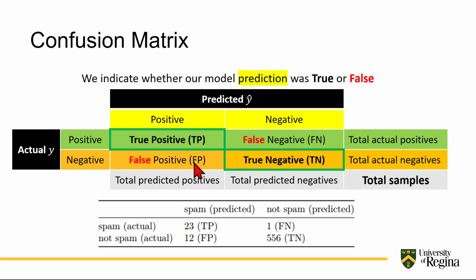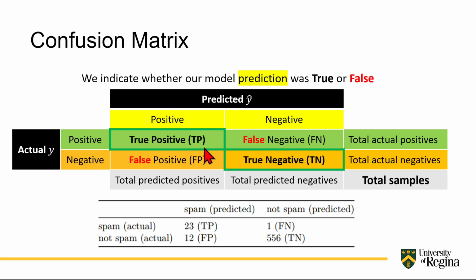If we had a negative case, but we predicted it as positive, it was a false positive. It wasn't actually a positive, it was actually a negative case. And if we had a positive case and we incorrectly predicted that it is a negative case, then it's a false negative.